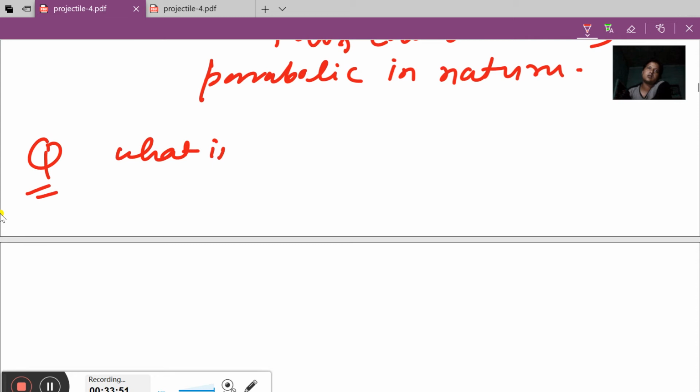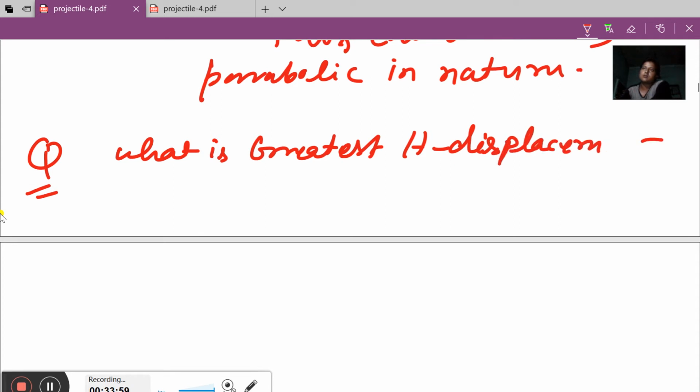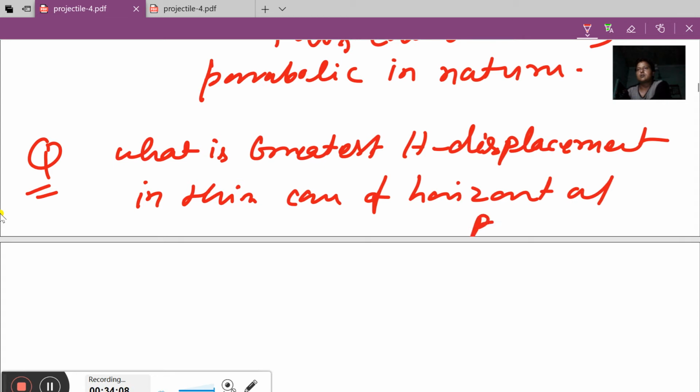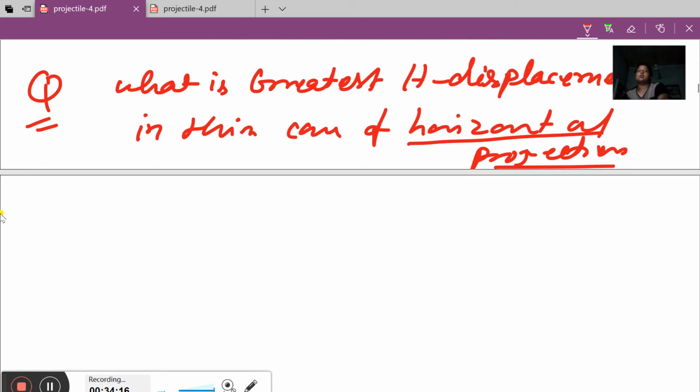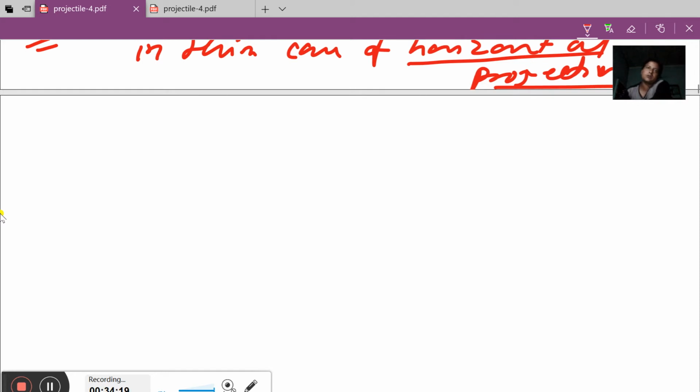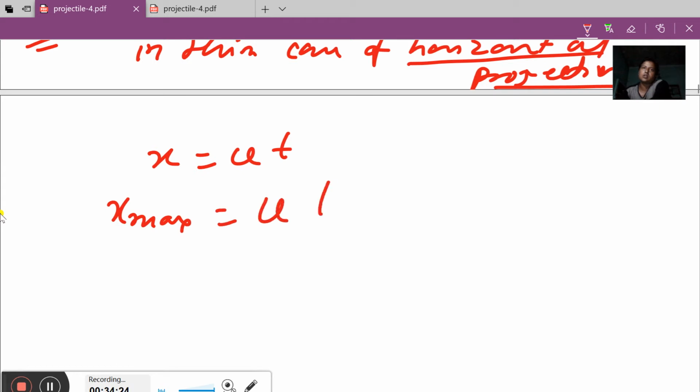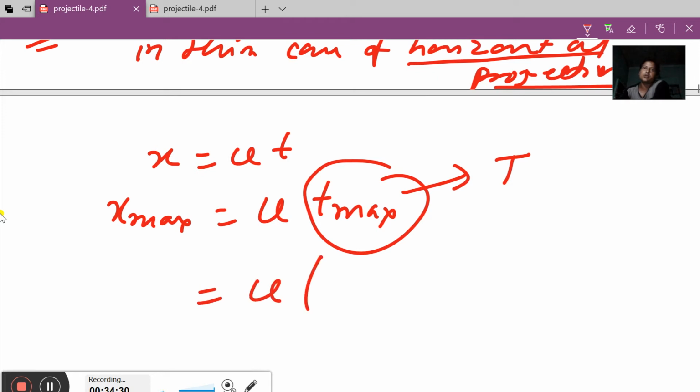What is the greatest horizontal displacement in this case of horizontal projection? x is ut, x is maximum when t is maximum, and t maximum is the time of flight.